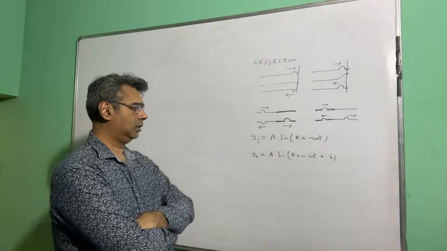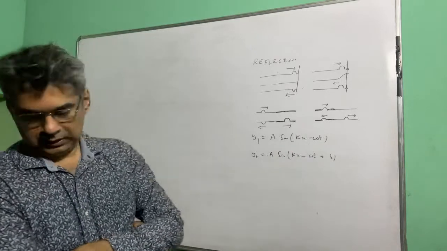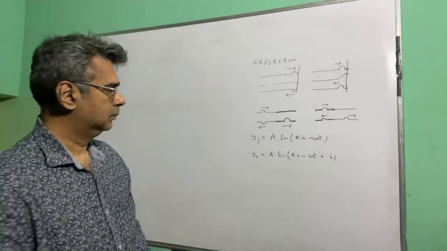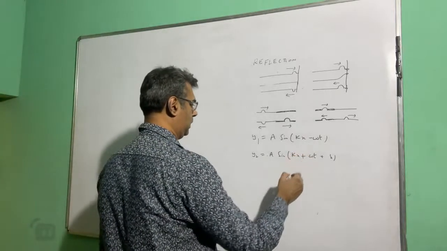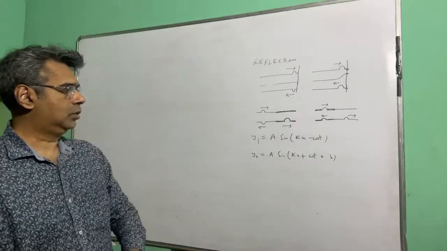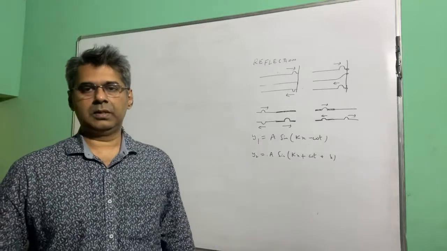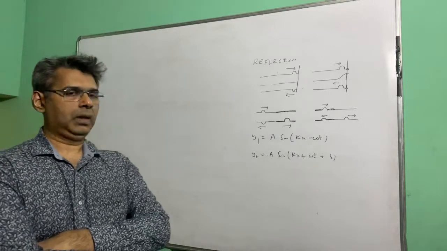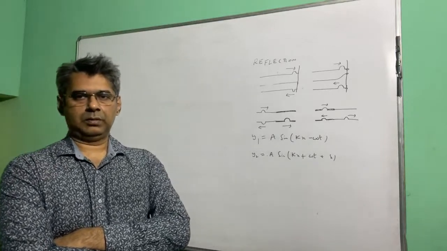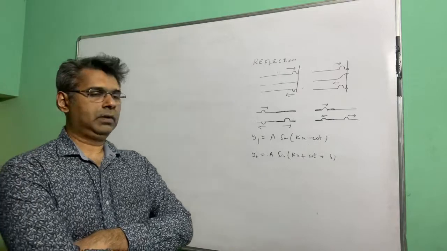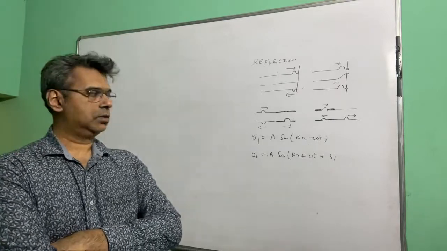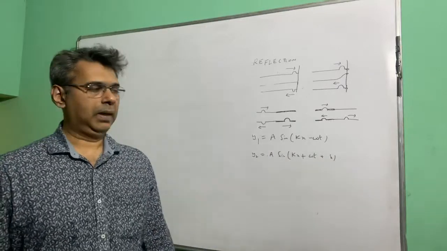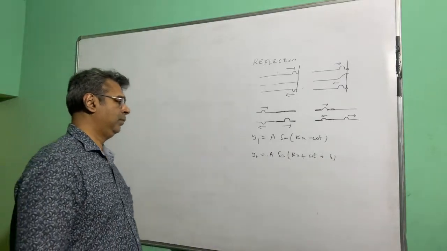So these are the two waves. One of them is moving towards the rigid obstacle, say suppose a wall. The other one is reflected and going back. So one of them is going towards the wall, the other one is reflecting and coming back from the wall. So these are the two.